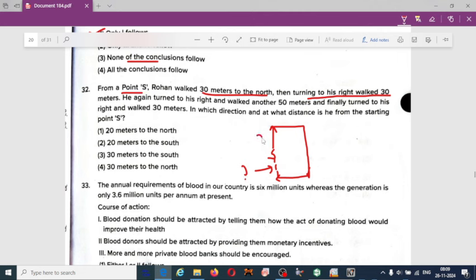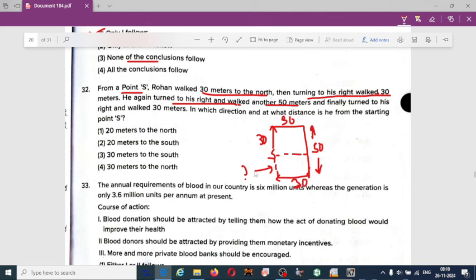Okay, this is 30. Here also 30. When he walked right 30 and he again turned his right and walked 50 kilometers, this is overall 50. Okay. Here again he walked 30 kilometers. So then this distance we need to calculate here.